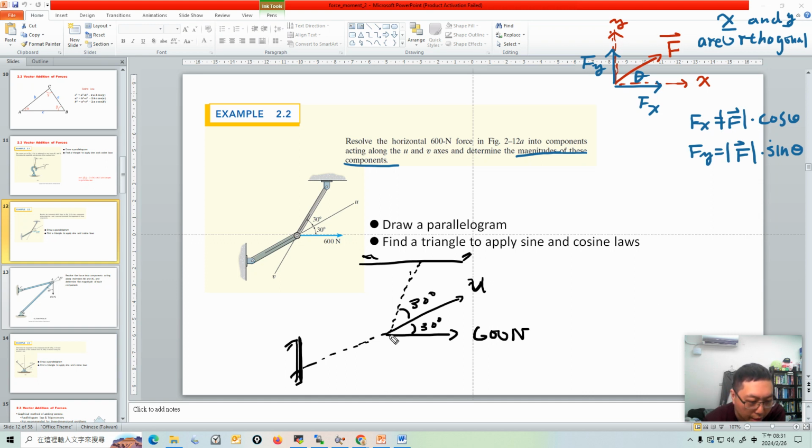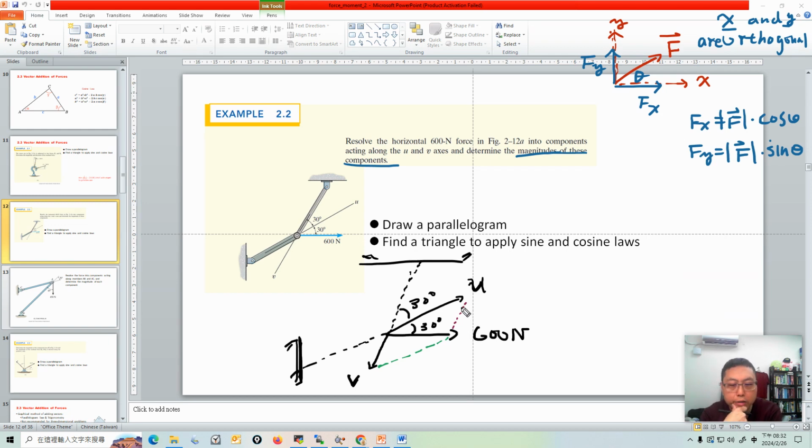Maybe it's here. This is V. Let's draw the parallelogram. First of all, the V direction vector is here, and the U, I use green, I think it's here. Okay, so we have a parallelogram.